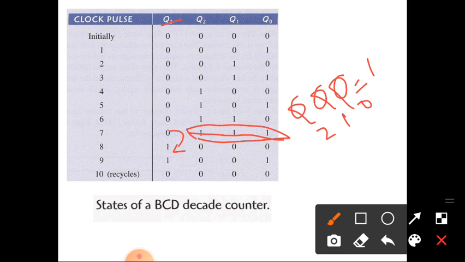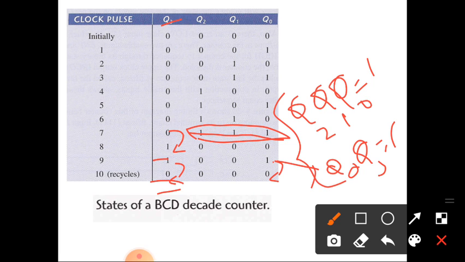Then again, when we look at the 10th clock cycle, after 9, it will change to 0. So what will be this condition? Here Q0 and Q3 both are 1. Then also Q3 changes from one state to another state. So these are the two conditions.